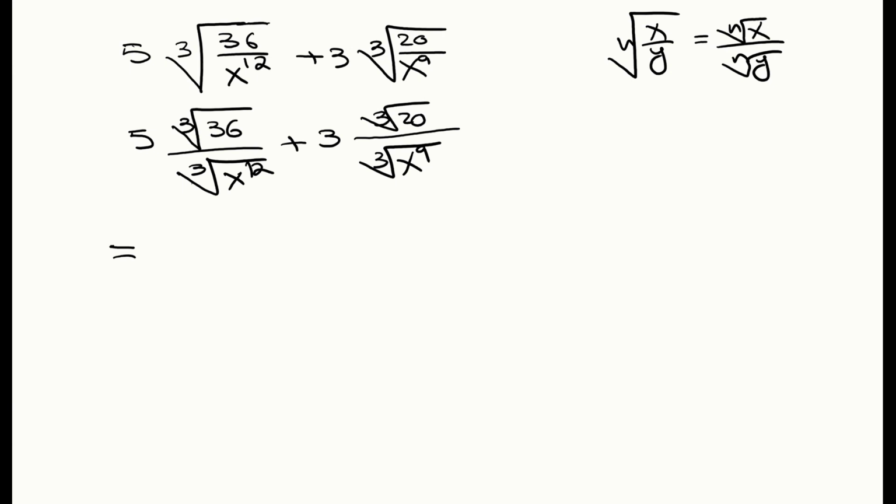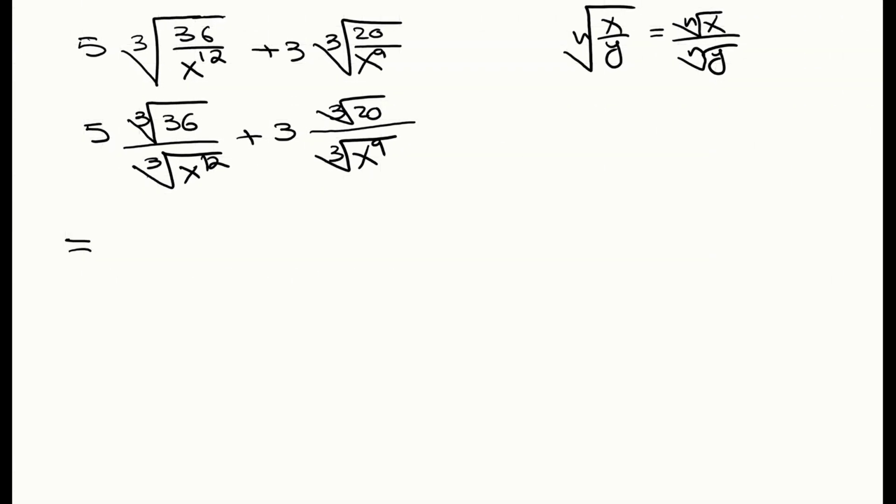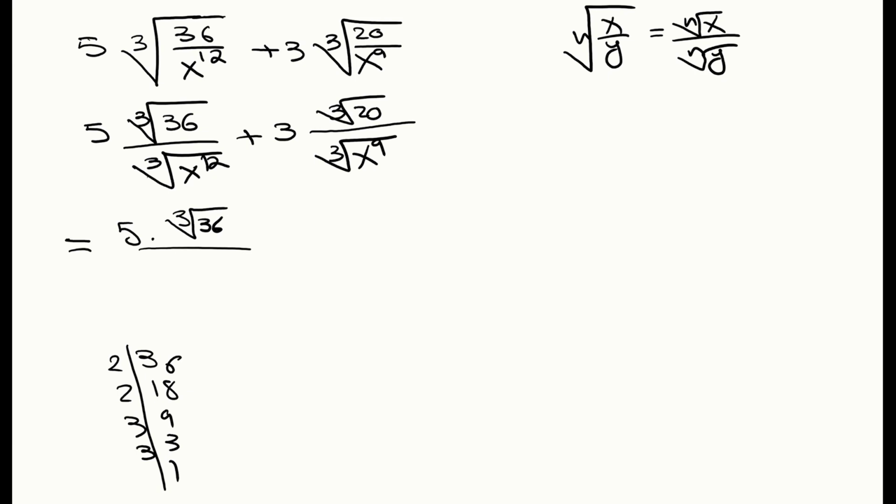So now we're going to go ahead and get 5 times the cube root of, we can break that up. If you remember, 36 gives us 2, 18, 2, 9, 3, 3, 3, 1. And we try to see if there's a perfect cube in there. We don't find one, so we'll leave it as the cube root of 36. For the cube root of x to the 12, we get x to the 4.